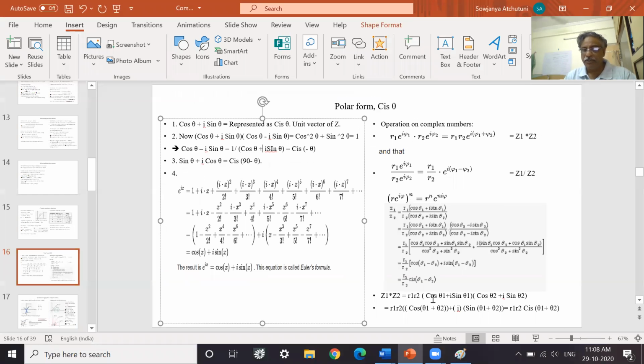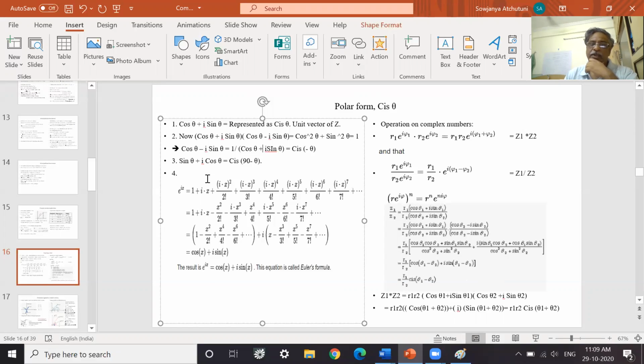So cos A cos B, i squared will become minus sin A sin B. Cos A cos B minus sin A sin B is cos of A plus B. i into sin A cos B plus cos A sin B is sin of A plus B. This is nothing but cis of theta 1 plus theta 2, times r1, r2. So here r1 by r2, here r1, r2, with theta 1 plus theta 2, e to the power of i into theta 1 plus theta 2, and e to the power of i into theta 1 minus theta 2. So these four are correlating and matching with each other.